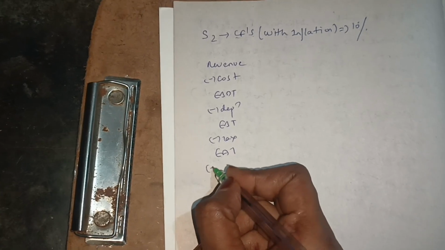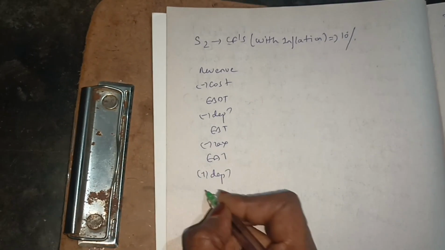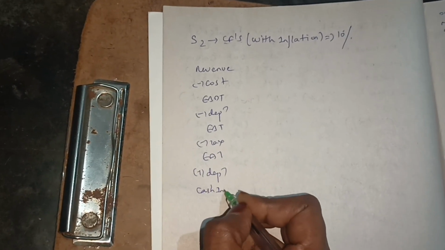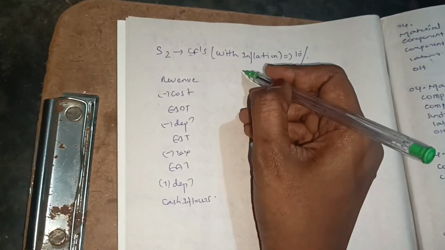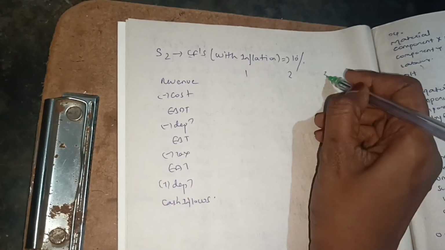When we add back depreciation, we will be getting cash inflows. There are 4 years.